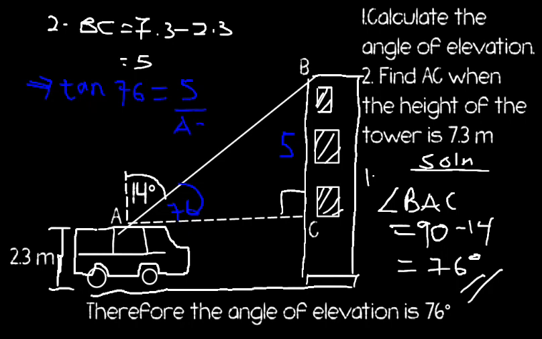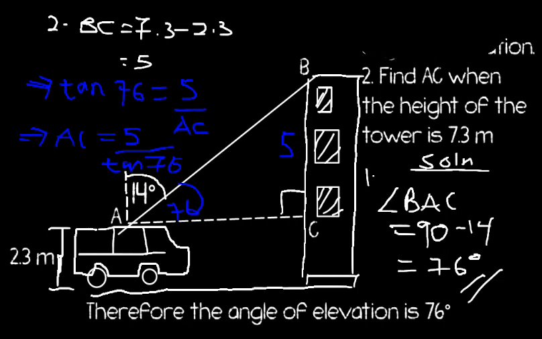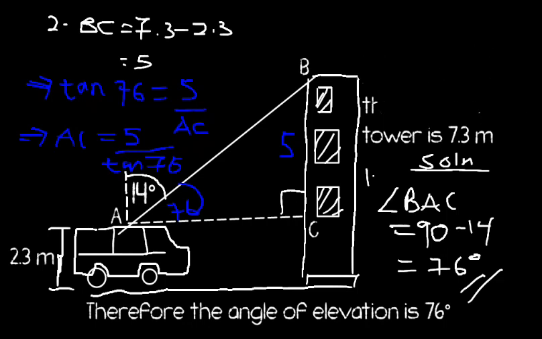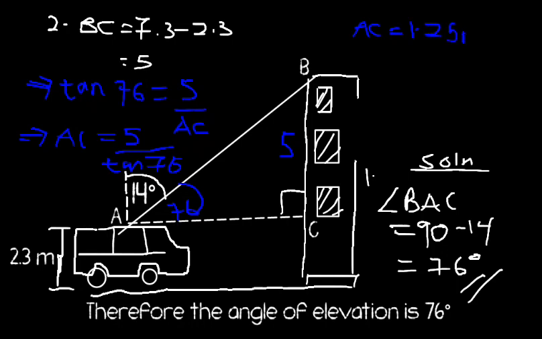So tan 76 is equal to 5 on AC. So you can say that AC is equal to 5 on tan 76. So AC is equal to 1.25 meters.